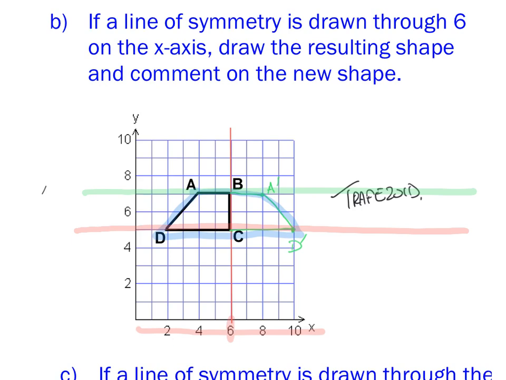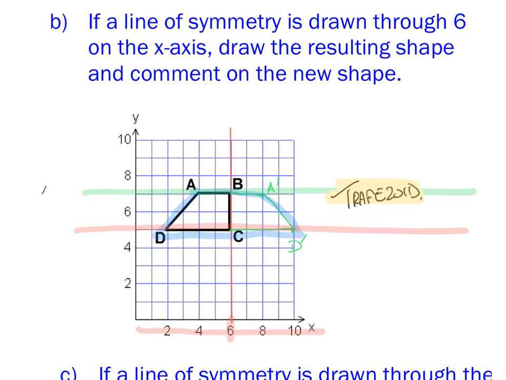Because they're both flat horizontal lines, they're both in the same direction, which means that they're parallel. And if you have one pair of sides that are parallel, and that's it, then we say that that shape is a trapezoid. Okay? So that's what makes the resulting shape a trapezoid.